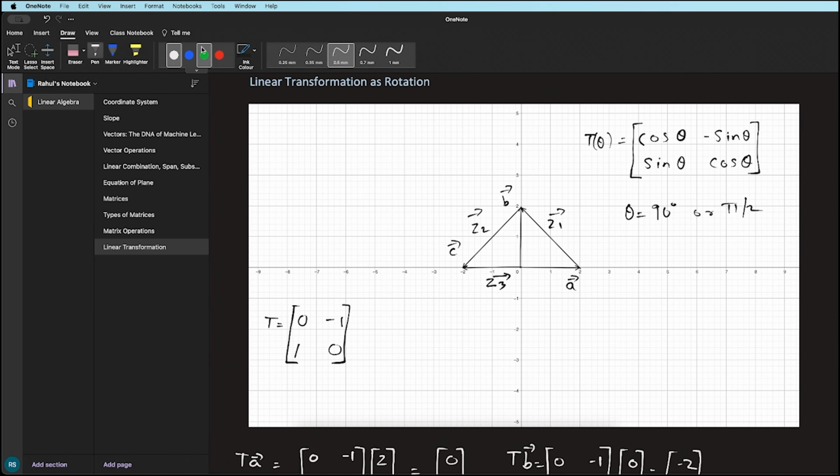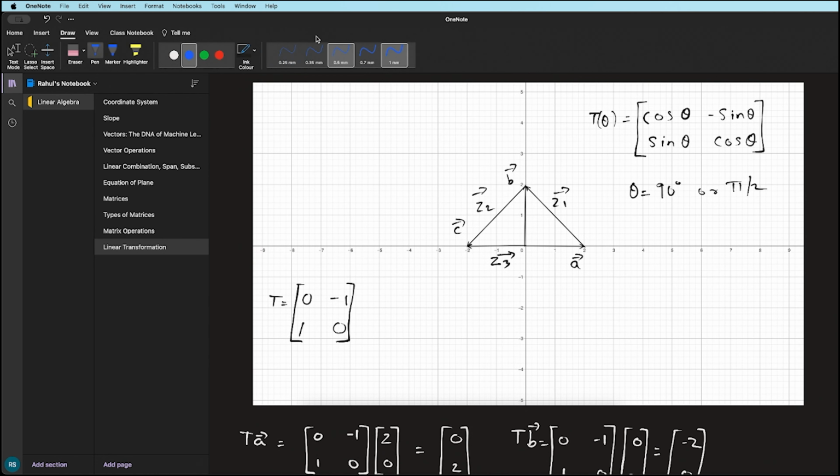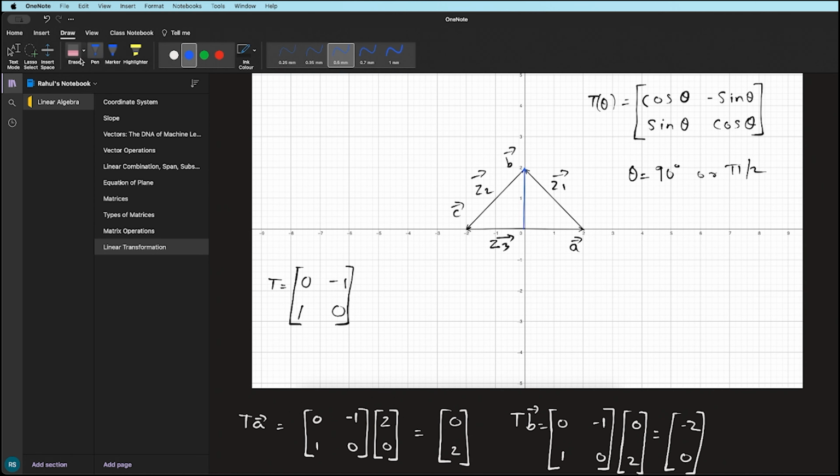So I will choose a different color for this. The value of transformed vector A is (0, 2). So I will draw the vector. This is (0, 2). Then transformed vector B is (0, minus 2).